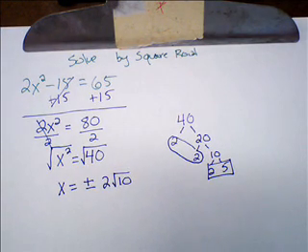So that's a fairly basic solving by using the square root method. They do get a little bit tougher as we go through here. Let's look at the next example.